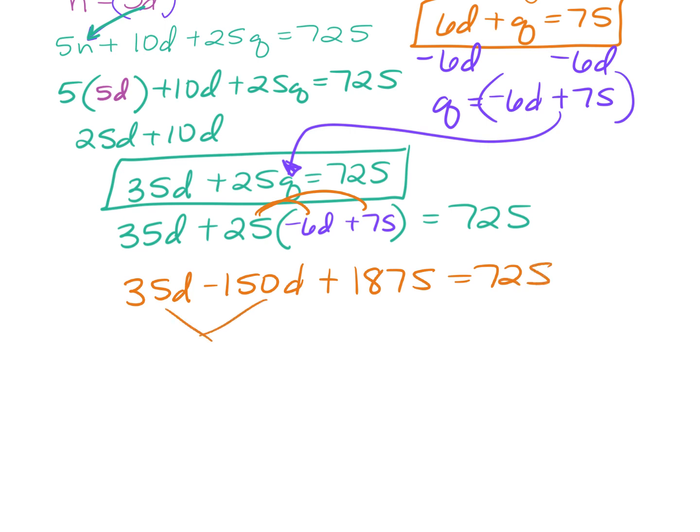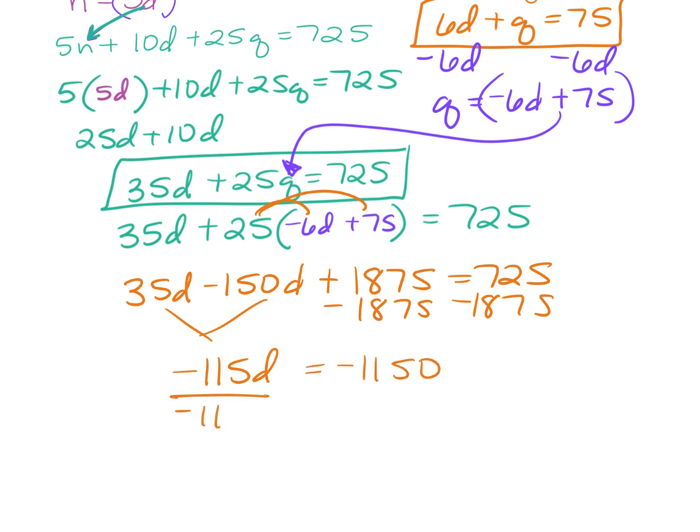So simplify this. 35 minus 150 is a negative 115D. Take away the 1875. And that's a negative 1150. So then divide by negative 115. And you get D equals, sorry, a negative. So you get D equals 10. Thanks, Tiffany.